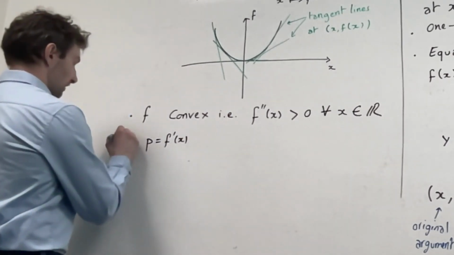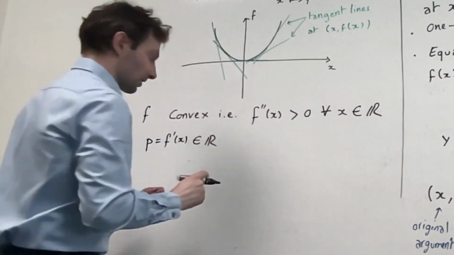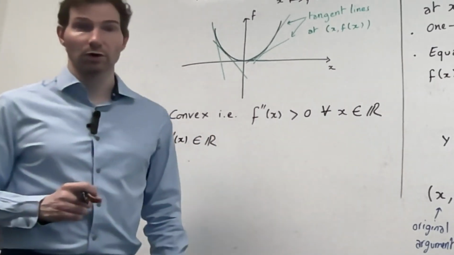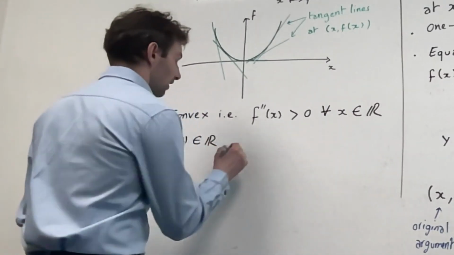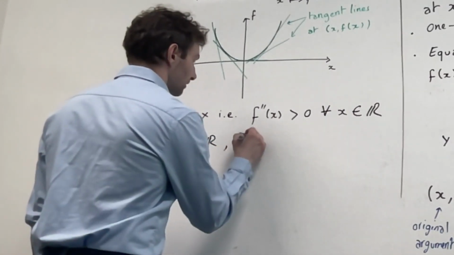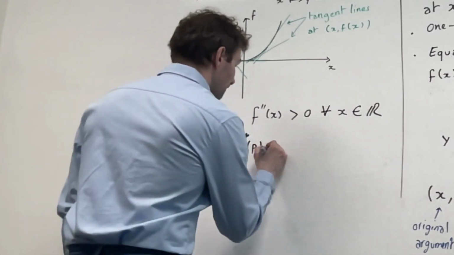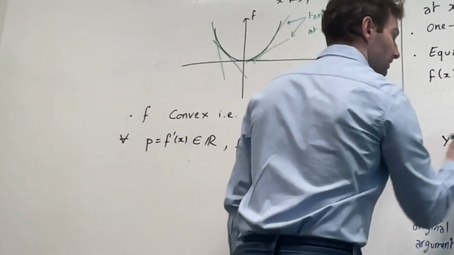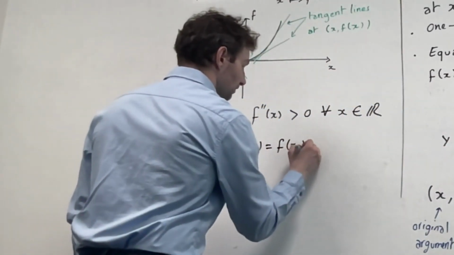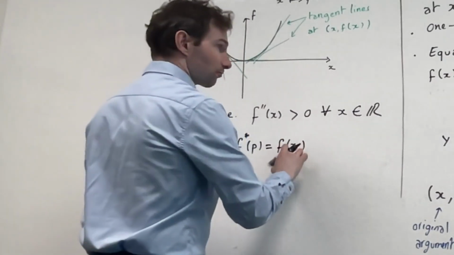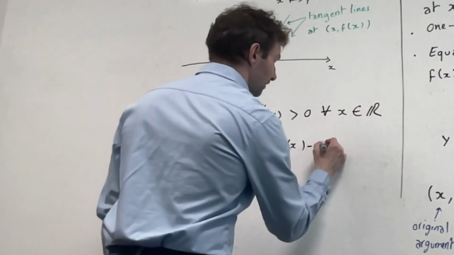Then you say that for any P in R, or at least in the domain that is supported for P here, you're going to have f star of P equal to, and the way it works is I'm reading off this, f of x minus P times x.